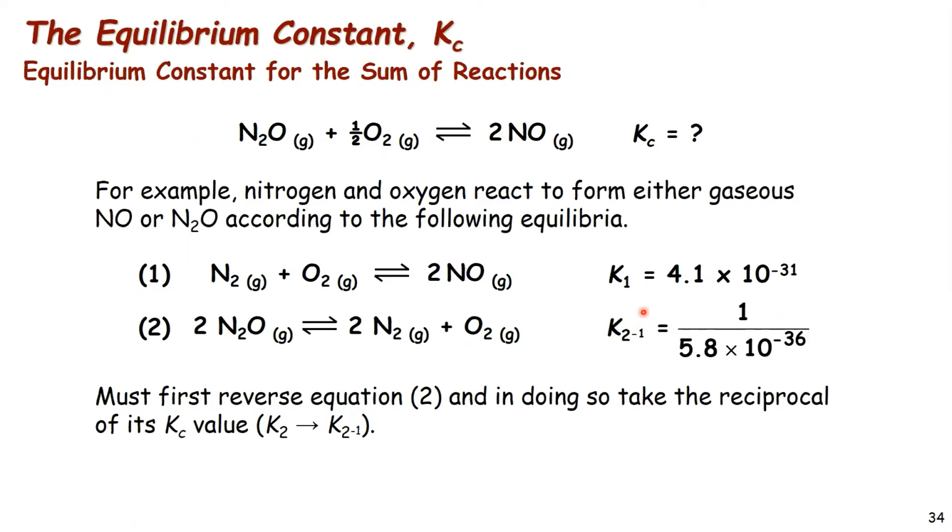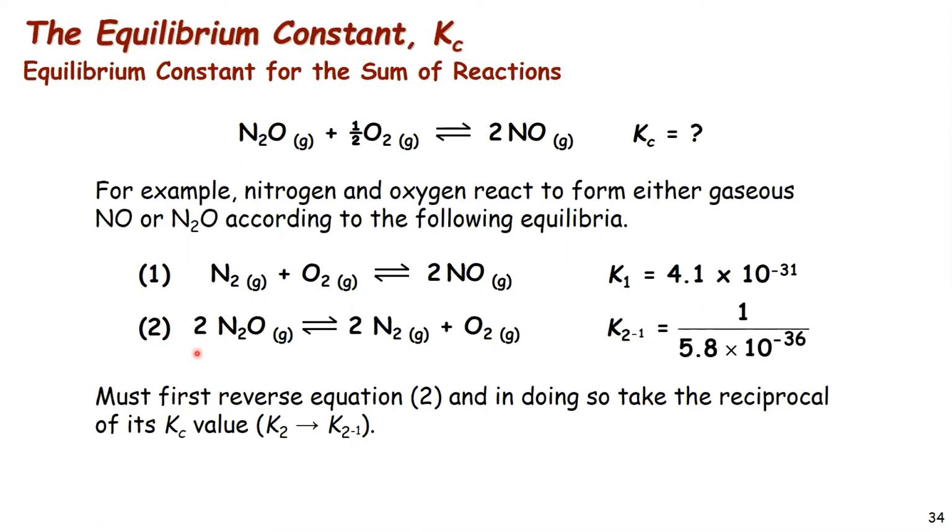Okay, this again should be raised to the -1. So again, it's just the inverse. We flip the reaction. Now we've got them both as reactants, and we flip the reaction.